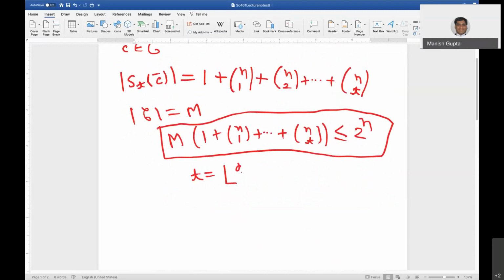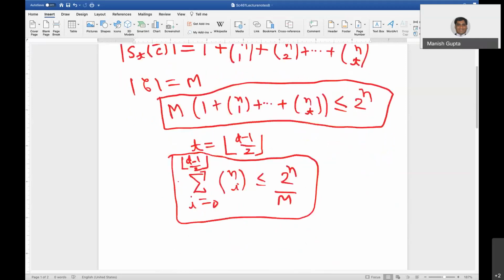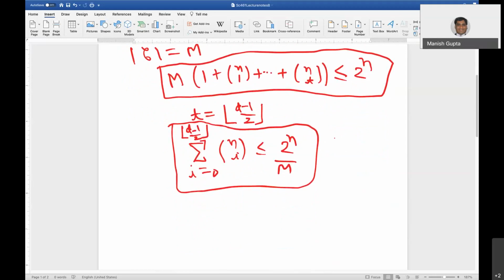Since t is (d minus 1) by 2, I can write it as the summation over i equal to 0 to (d minus 1) by 2 of n choose i, less than or equal to 2 raised to the power n divided by capital M. That's another way of writing it. This is for the binary code.